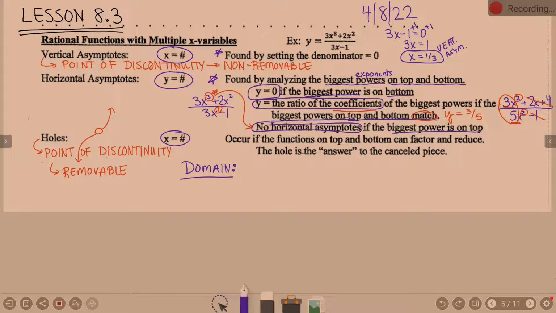All reals except x equals. And that x equals was my vertical asymptote, wasn't it? So my domain here is going to be all reals except any vertical asymptotes or holes. And so that's what I'm going to put for you so you have an idea. It's all reals except vertical asymptotes and holes.